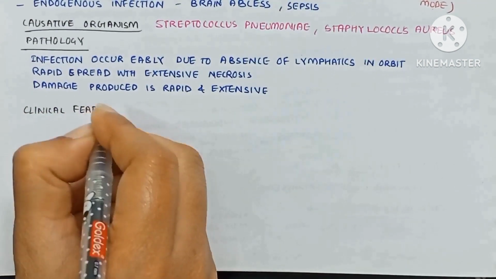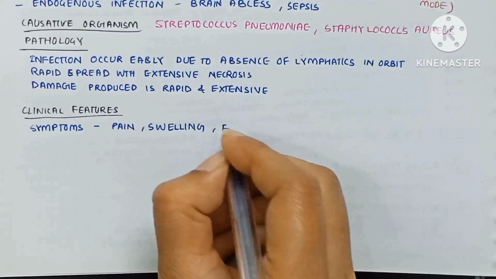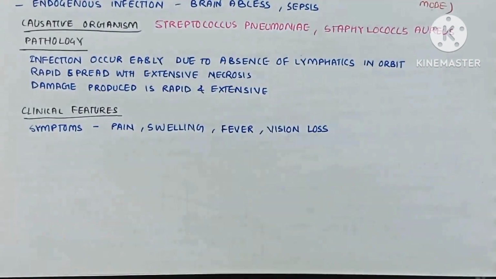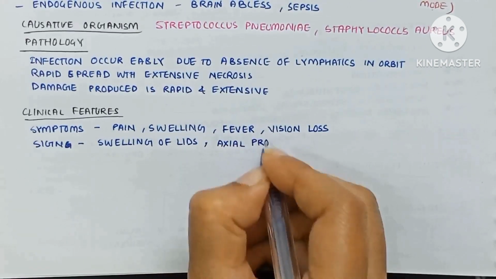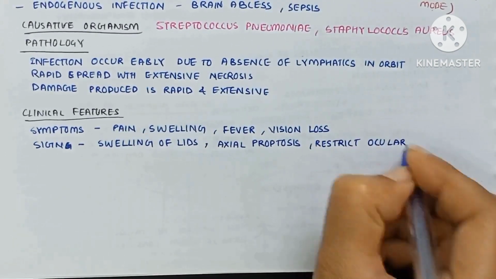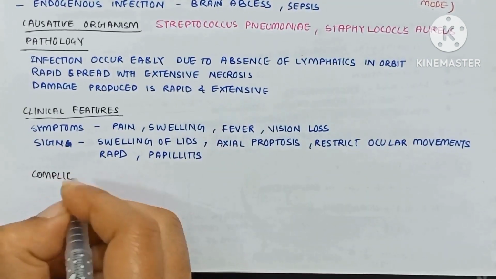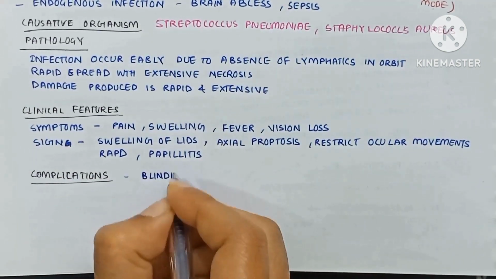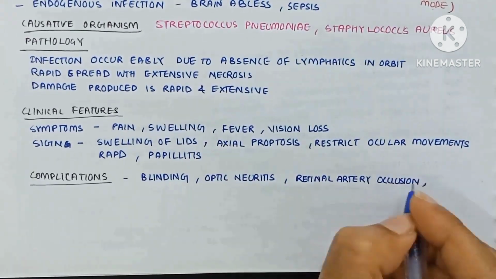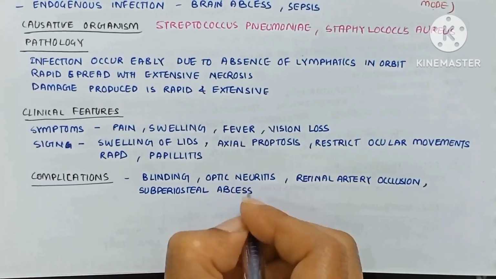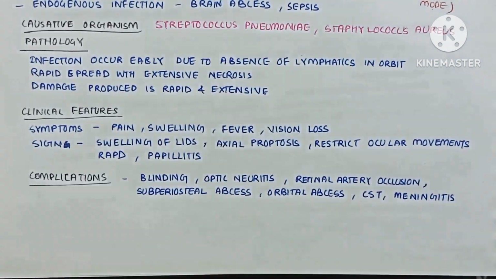The clinical features: symptoms are pain, swelling, fever, and vision loss. The signs include swelling of the lid, axial proptosis, restricted ocular movements, RAPD, and papillitis. The complications include blindness, optic neuritis, retinal artery occlusion, subperiosteal abscess, orbital abscess, CST, and meningitis.